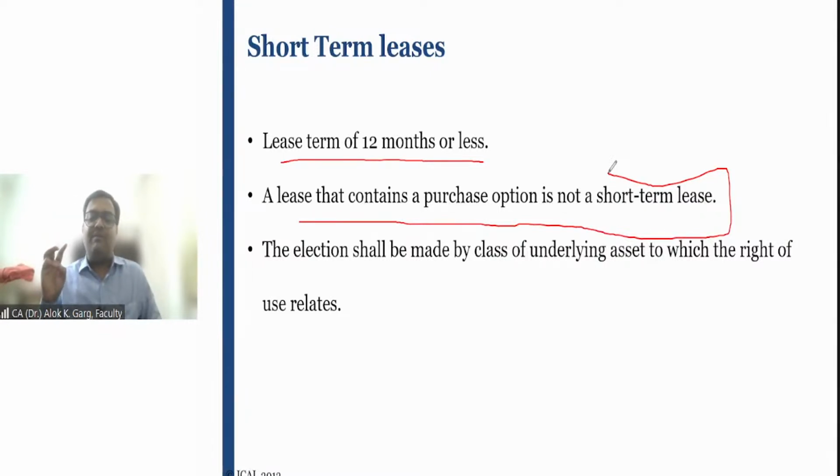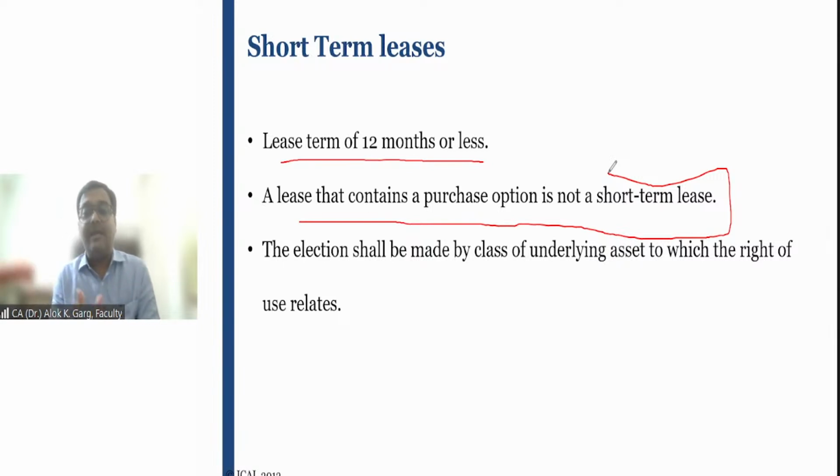Number 1, if there is a short-term lease, which means the lease term is 12 months or less, in that case the exemption can be availed, which means only expense-based accounting is good enough. Number 2, if the lease contains a purchase option, then this exemption cannot be availed. Number 3, the election of this exemption, whether you will avail or not avail, has to be by class of underlying asset.